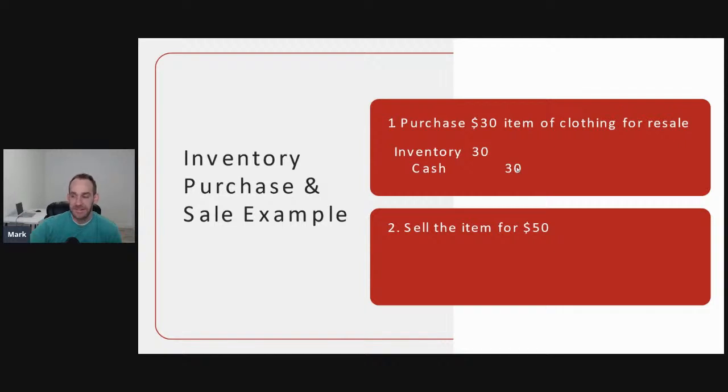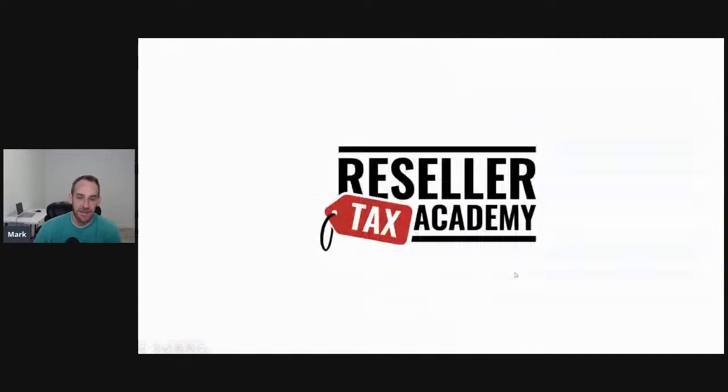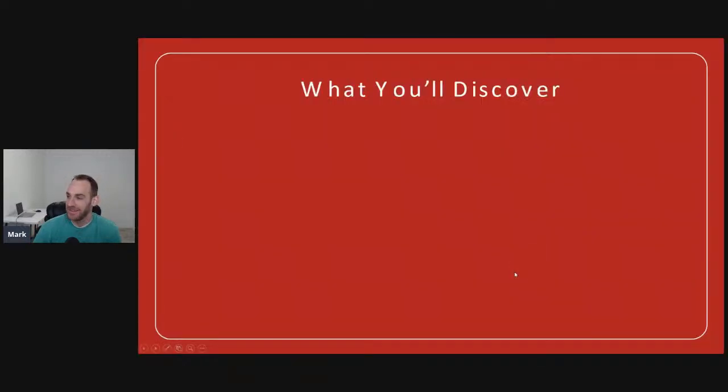And you can go back and reference this if you want to learn more about these journal entries, but this is kind of accounting 101. When you sell it for 50, you debit cash, which means your cash is increasing. You credit sales, so your sales increase on the right, so those are increasing for 50. Yeah, I'll let you go back and look at that.